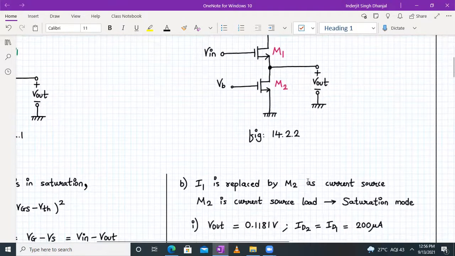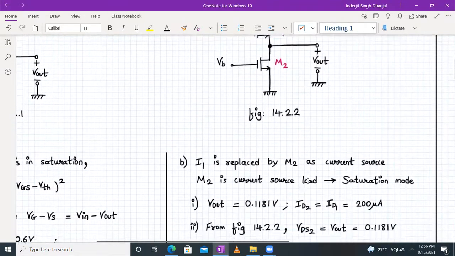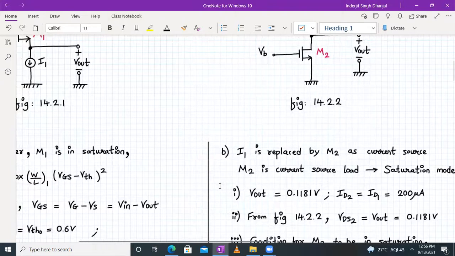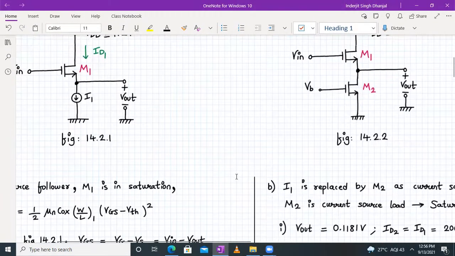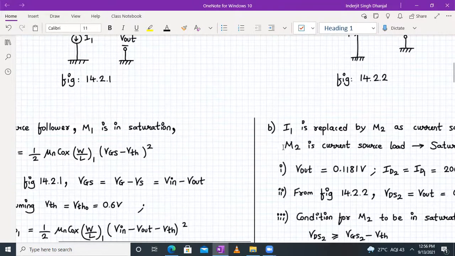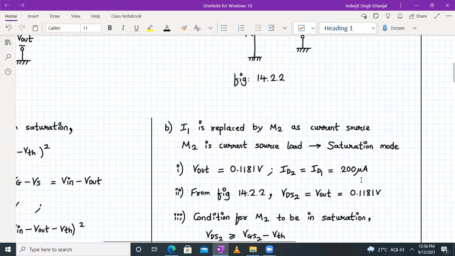So over here, what is the value of V out earlier? We have replaced the I1 source with the current source load. So we'll use the value of V out obtained from the previous result. From the previous result, we have V out equal to 0.1181 volt and ID1 equal to ID2 equal to 200 microamperes.